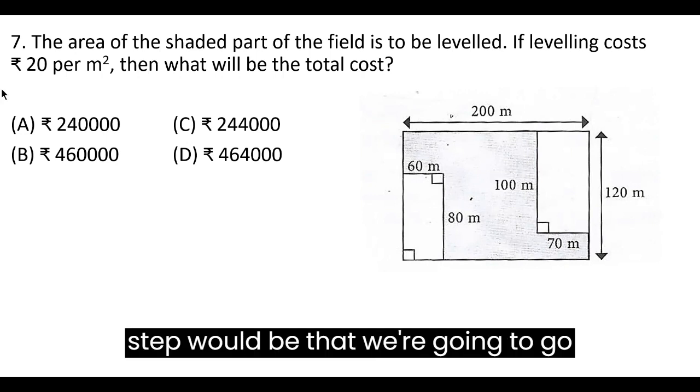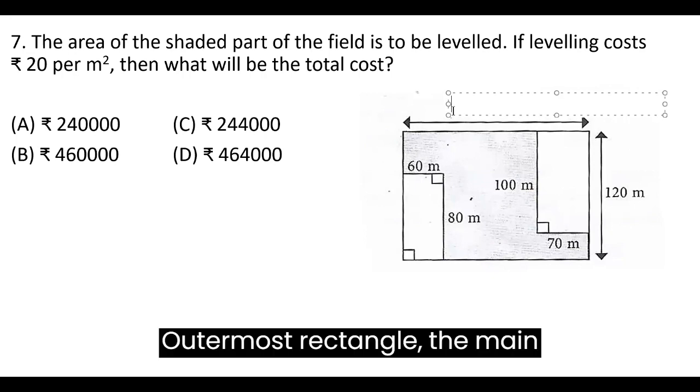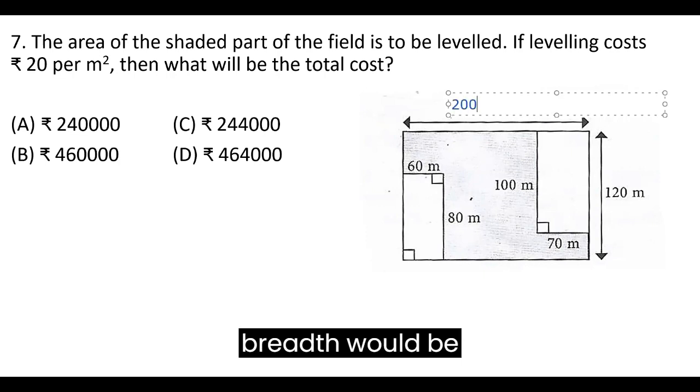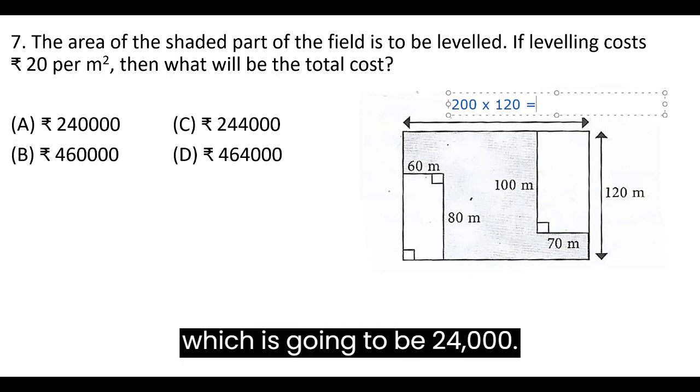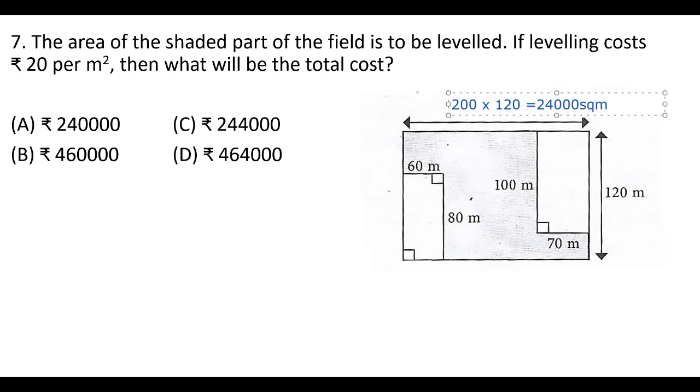So the first step would be that we're going to go ahead and find the area of the outermost rectangle, the main rectangle. So again, the length into breadth would be 200 times 120, which is going to be 24,000 square meter.